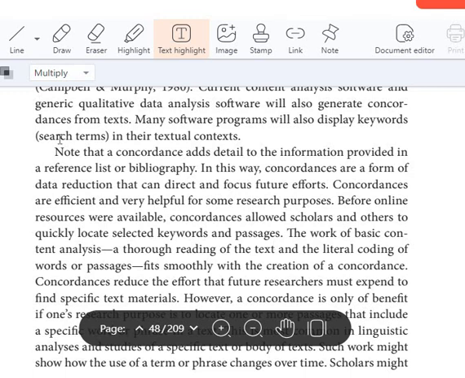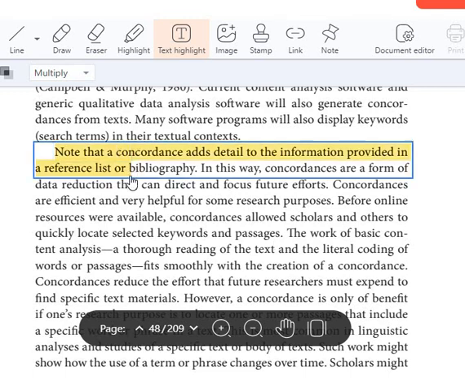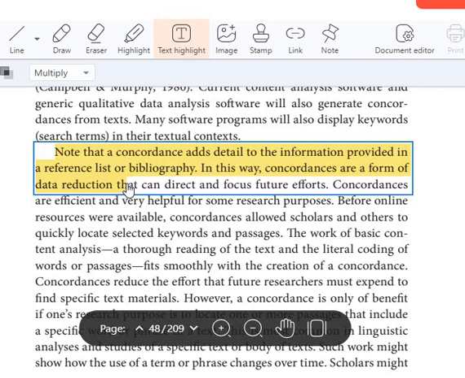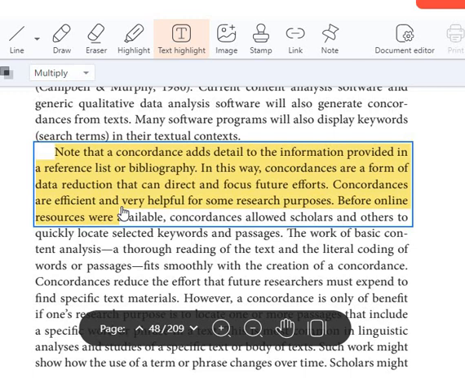So the importance of the concordance is that it adds details to the information provided in a reference list or bibliography. They are a form of data reduction that can direct and focus future efforts for other researchers. If you want to make a certain research and you see the concordance is there, it helps you so much in doing your research.